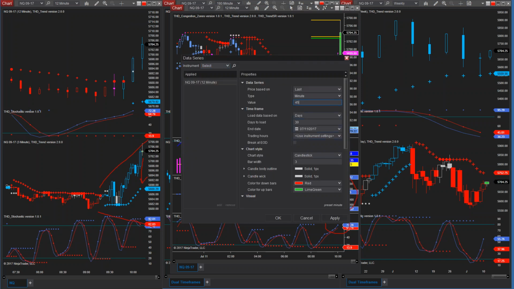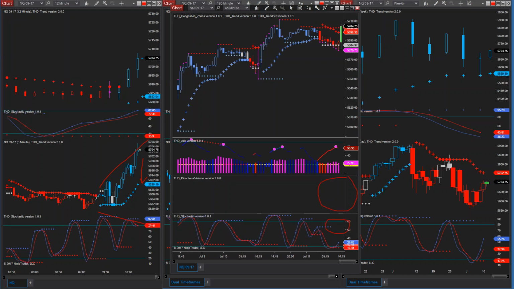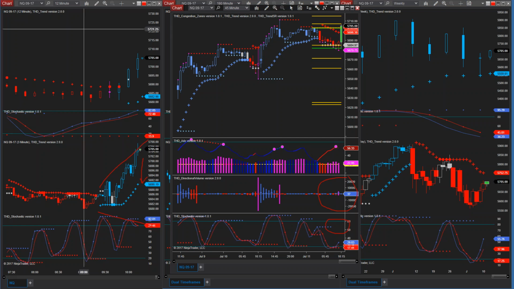Now, I can take that one step further and change this over to a 45-minute and see if the 45-minute agrees with me. And you can see right now we're breaking through this ATR. Do you see that? Do you see the magenta peak on here? That magenta peak actually coincided with a test of this ATR right here.